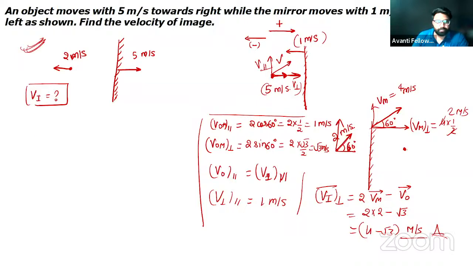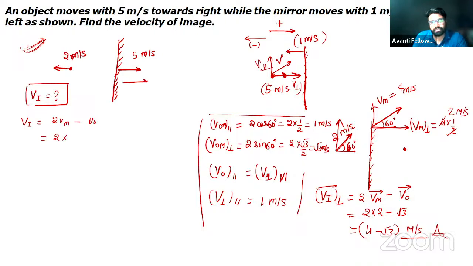Okay. देखो velocity of image calculate करने के लिए we know that only one component of velocity is there, which is velocity perpendicular. So directly apply this formula. Velocity of image is 2 times of velocity of mirror minus velocity of object. Now this comes to the sign direction.